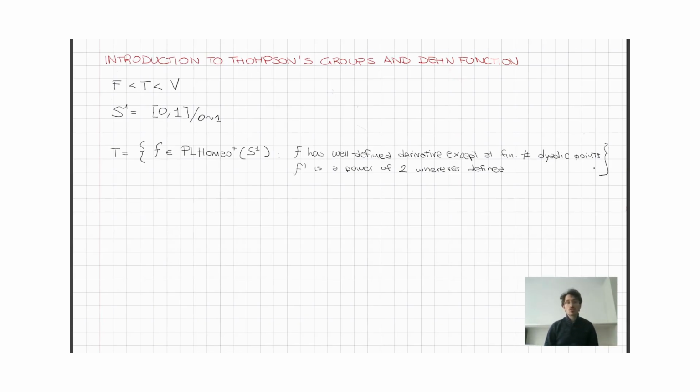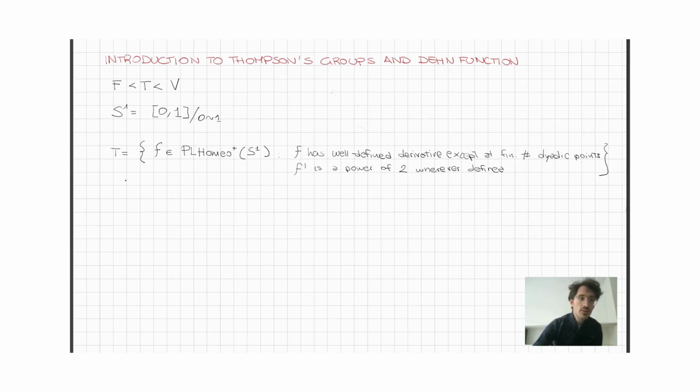One can also see T as a certain group of automorphisms of the binary rooted tree. In the paper, we will use more this interpretation as piecewise linear homeomorphisms of the circle.